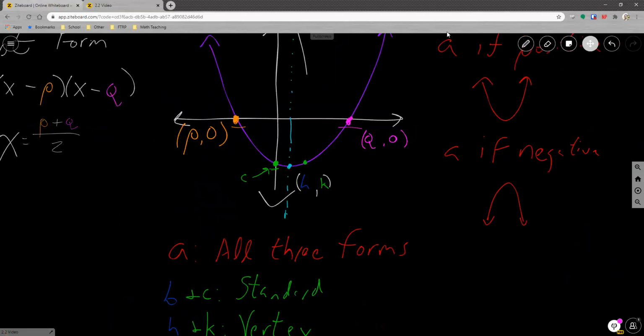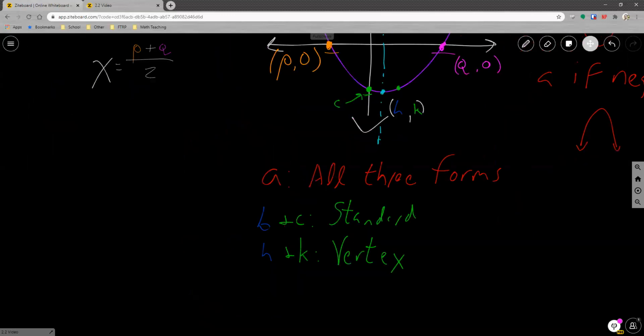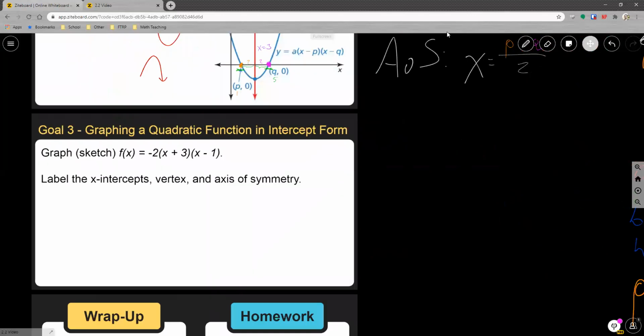And other than that, we've got our vertex, which we've got already from vertex form automatically, or we can calculate it out using the axis of symmetry and plugging back in the other two forms. And from there, we get the general shape. And of course, A controls the up or down of the actual function itself.